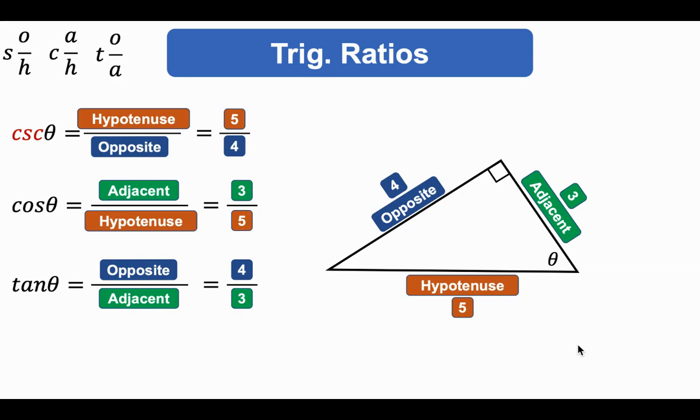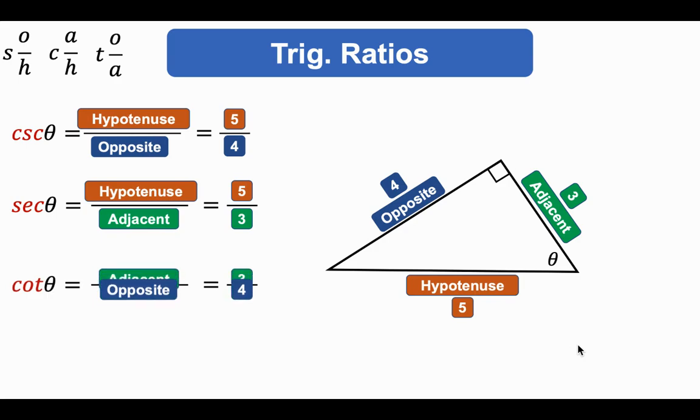Cosine goes with secant. So secant theta, and then you just flip it. And last one, tangent goes along with cotangent. To find the cotangent, you just flip it. And that's it. If you have sine, cosine, and tangent, just flip them over, and you have cosecant, secant, and cotangent, right?